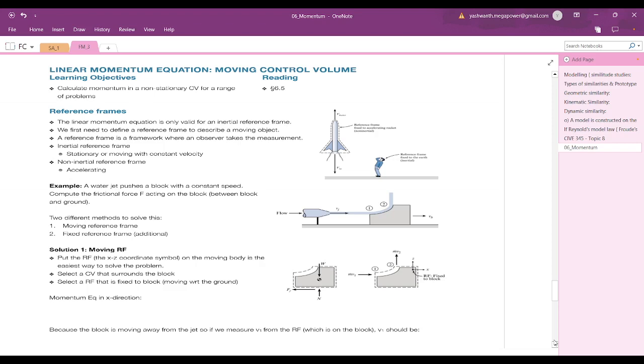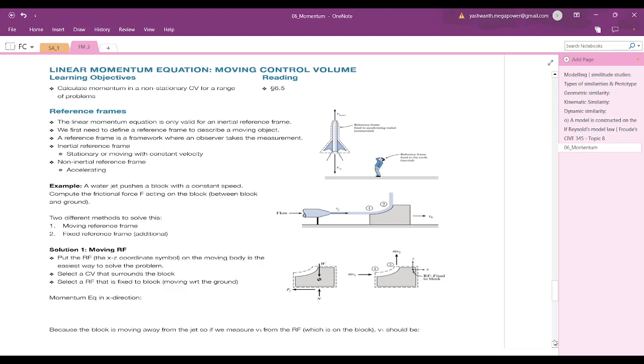So what are those reference frames? The linear momentum equation is not valid for a non-inertial reference frame. We first need to define a reference frame to describe a moving object. A reference frame is a framework where an observer takes the measurement. Inertial reference frame: stationary or moving with constant velocity. Non-inertial reference frame: it is accelerating.